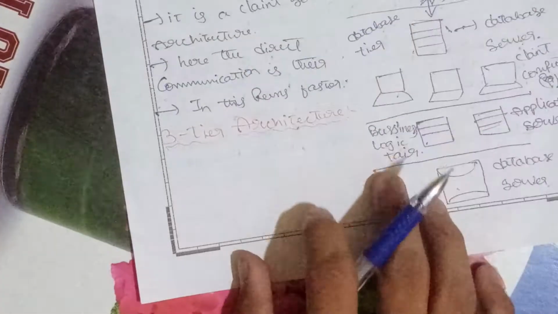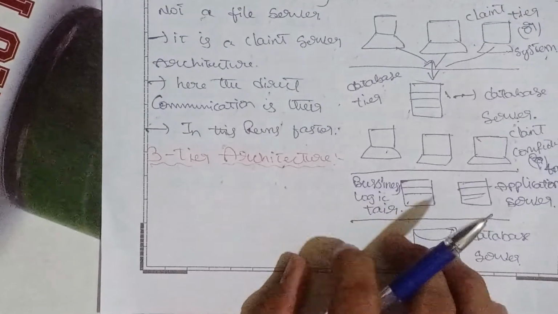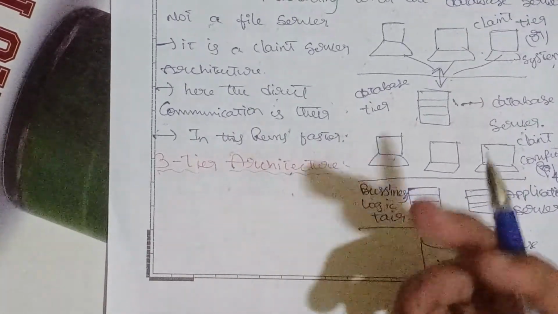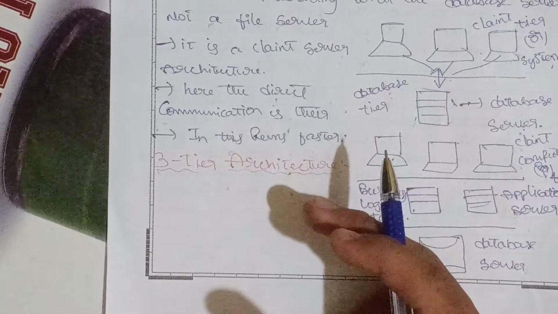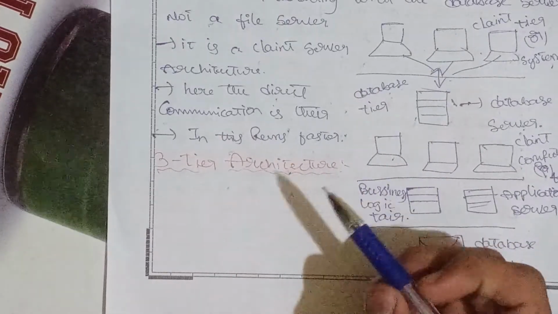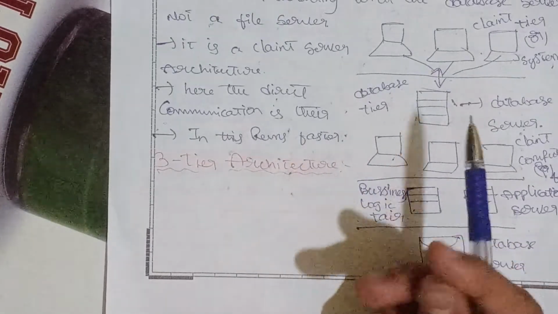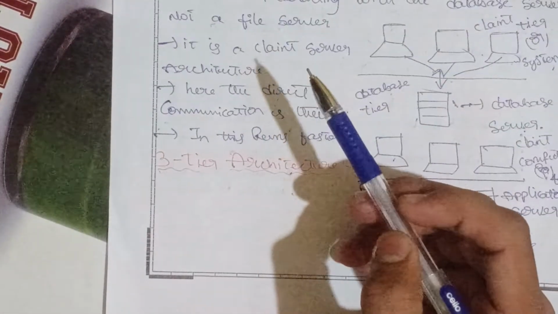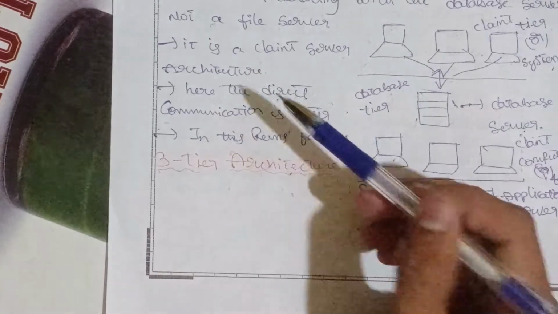Now it is the three-tier architecture. It separates the tiers from each other based on the complexity of the users and how they use the data present in the database. It is completely a web-based application.